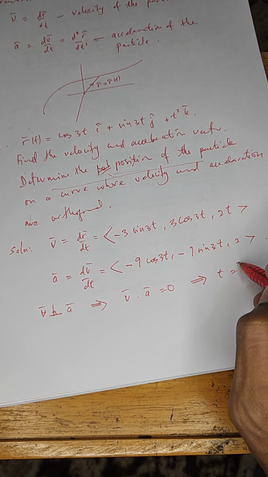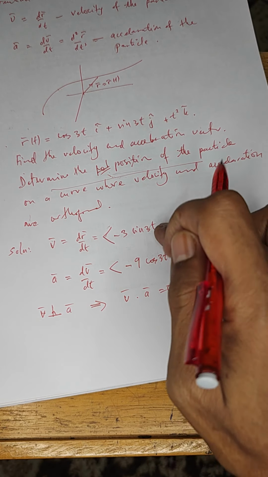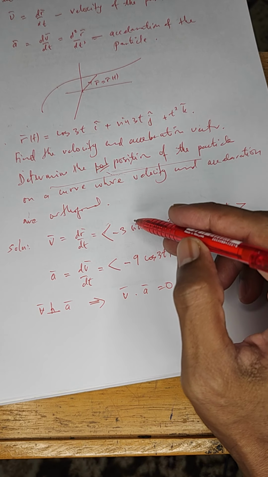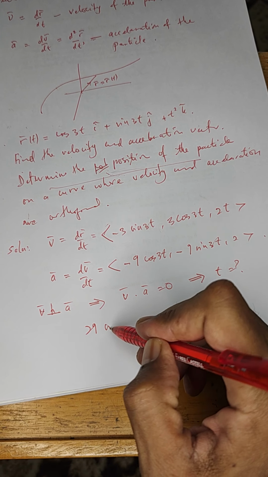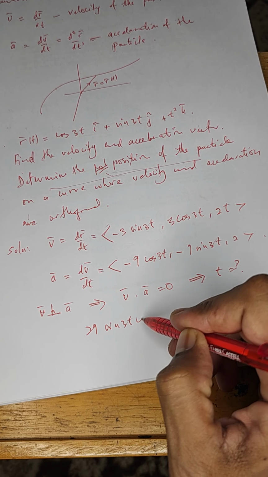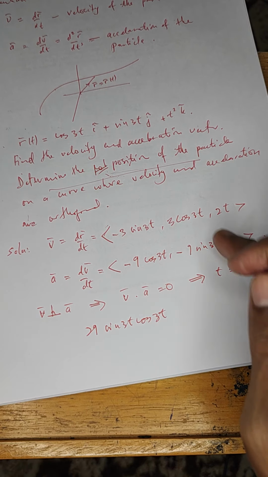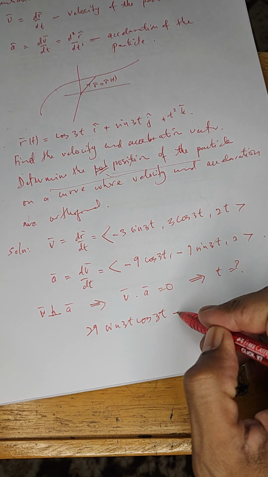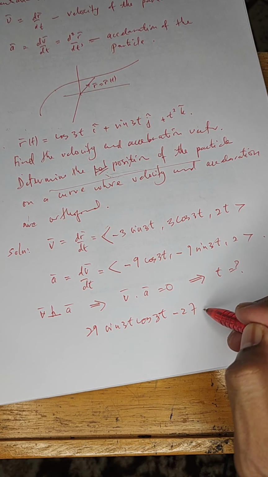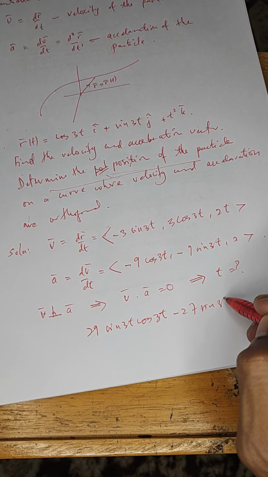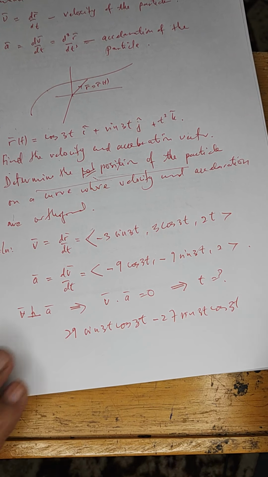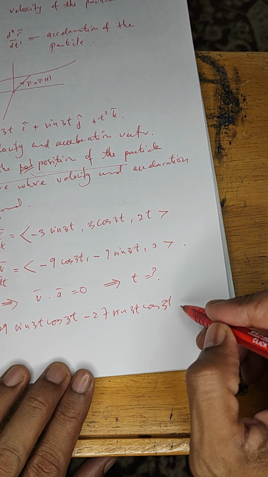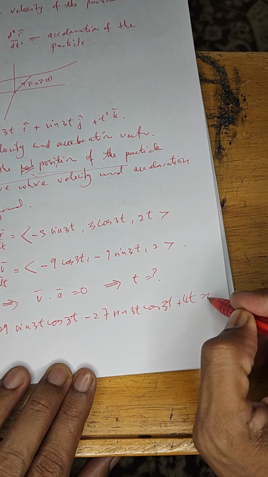You just take the dot product, so we have 27 sin 3t cos 3t minus 27 sin 3t cos 3t plus 4t equal to 0.